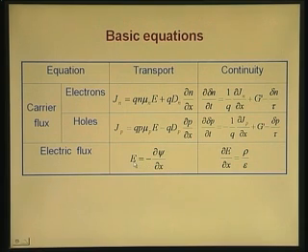This equation shows that the electric field is caused by a gradient of potential, just as this equation shows that the electric current or carrier flux is caused by the gradient of potential or electric field. The electric field itself is caused by gradient of potential.